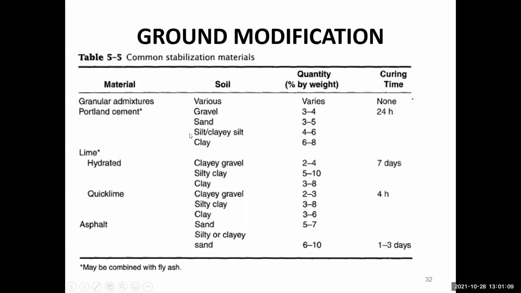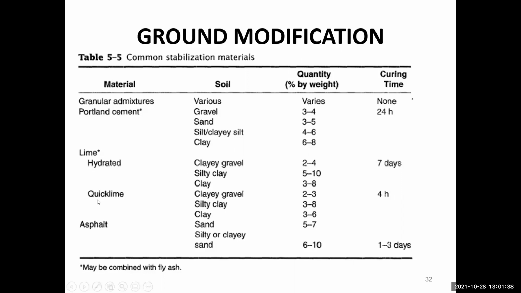It can be used in all types of soils, and it needs a curing time of about 24 hours, so it is quite quick curing. It can be used at 3 to 4% by weight, or ranging from 6 to 8% by weight. Lime can also be used in a similar way, but lime is a relatively slower material to consolidate, so it needs a curing time of about 7 days.